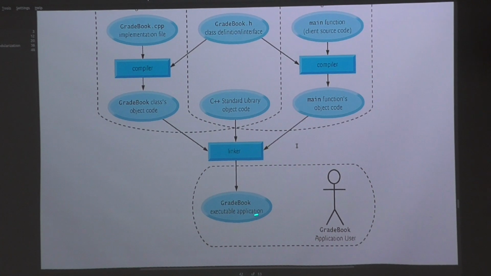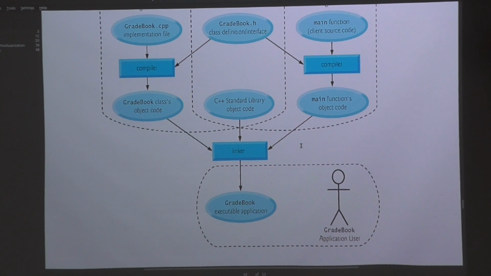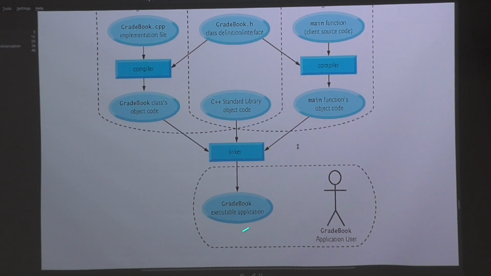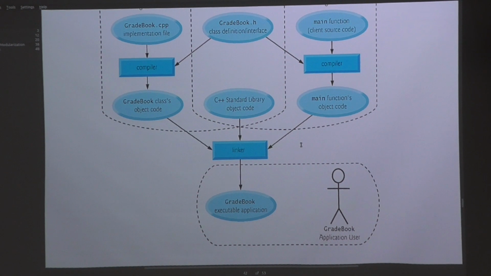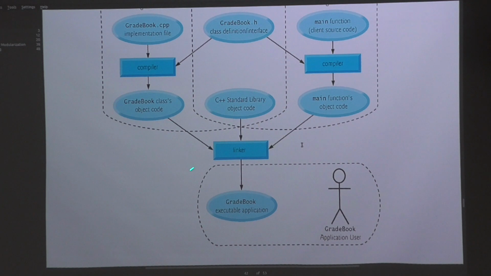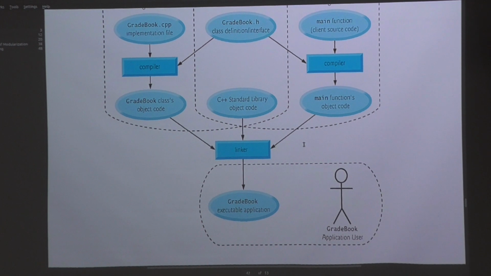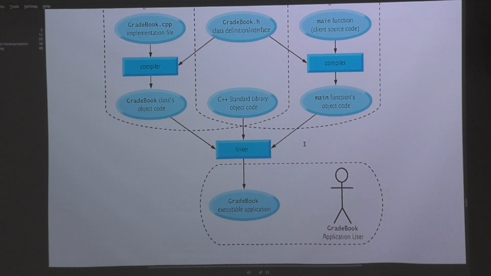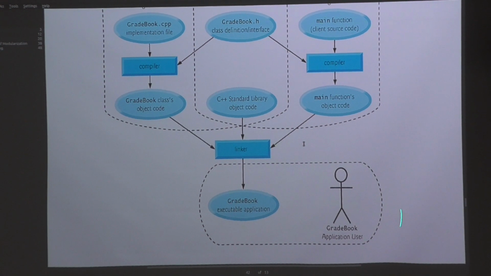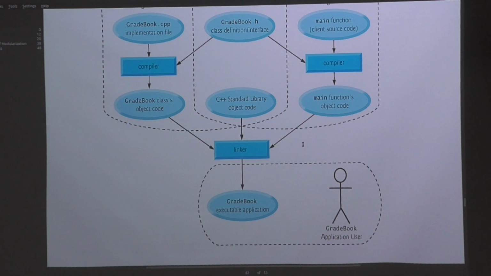The end user should only need to worry about the end gradebook executable application. They should not have to worry about compilation or linking or any of the processes required to produce the executable, because they are not intended to be a programmer.